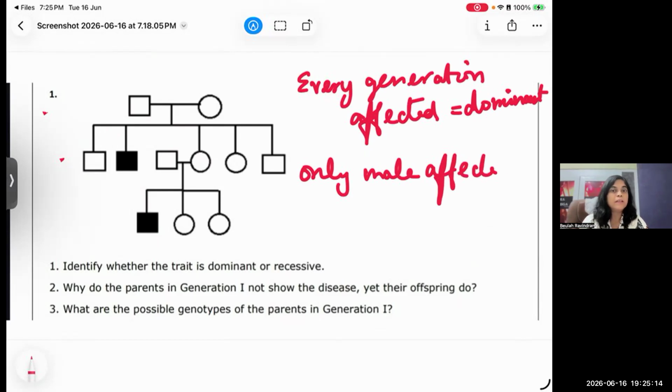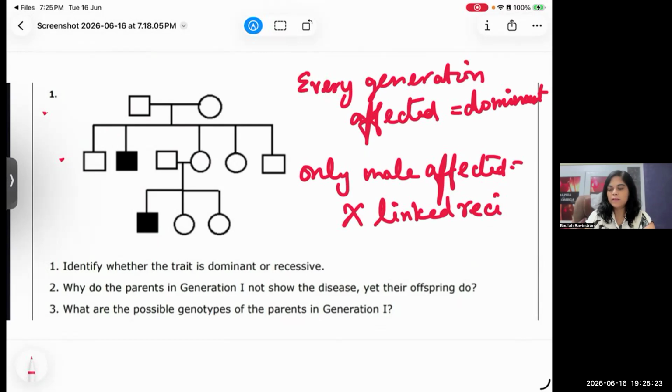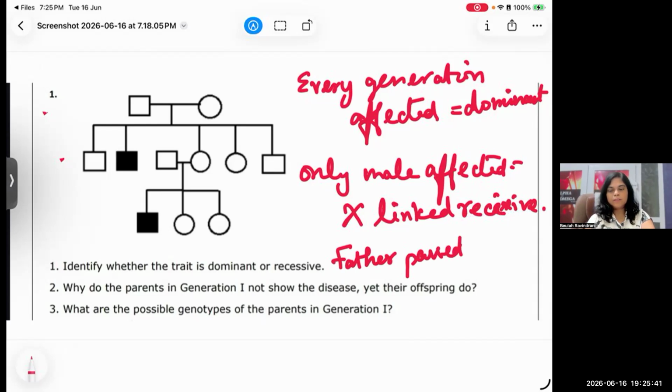Likely X-linked recessive. Then what about a father passing the disease to his son? That is autosomal, right? Father passes disease to son means it is autosomal, not X-linked.